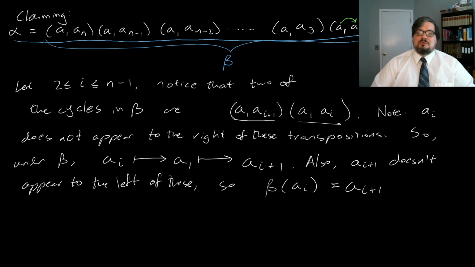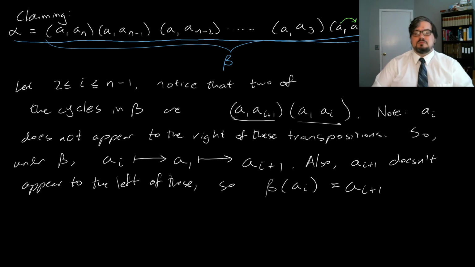Because as we move along, only one of the transpositions in beta includes A_i, and that'll send A_i to A_1, and then the very next transposition we apply will send A_1 to A_{i+1}, and then nothing else does anything to A_{i+1} again.